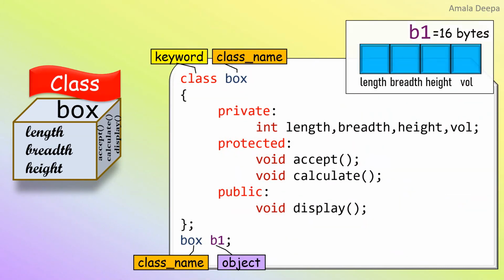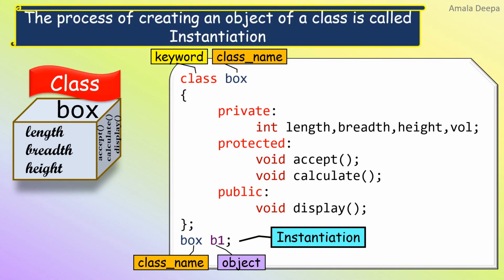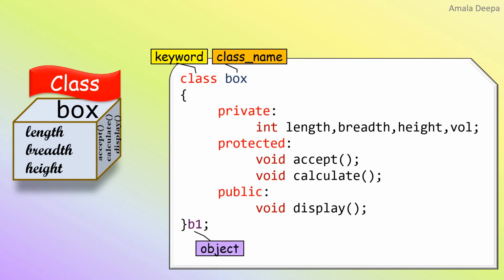Here in this statement, box b1, an object of the class is created. This process is called instantiation. The process of creating an object of a class is called instantiation. Instead of writing a separate statement for creating the object, I can create the object by placing it just after the curly bracket but before the semicolon.